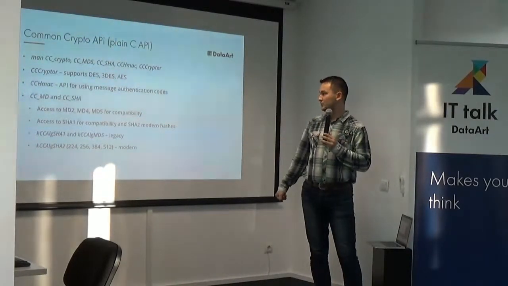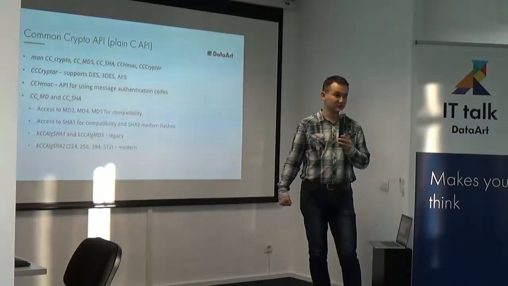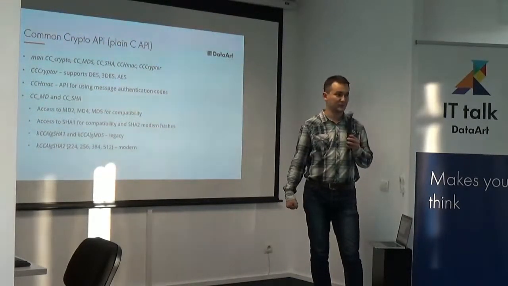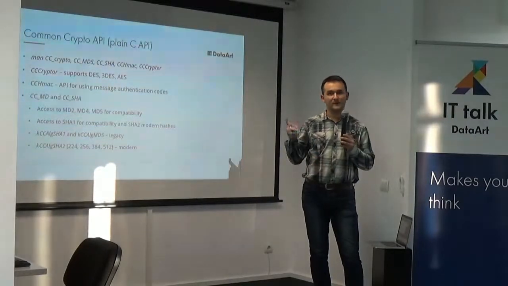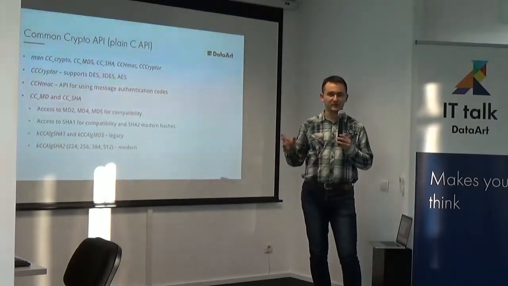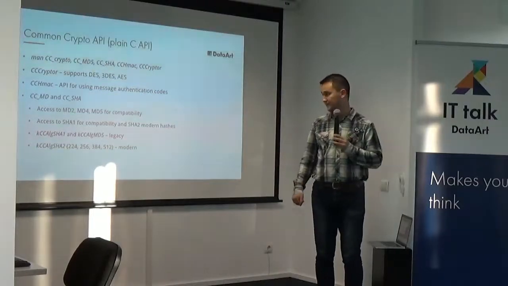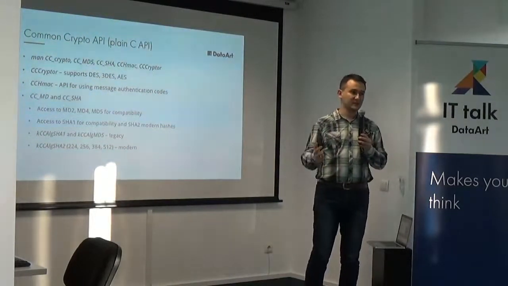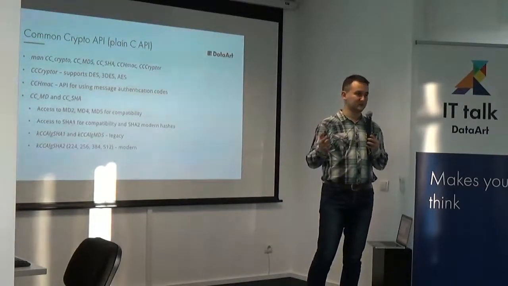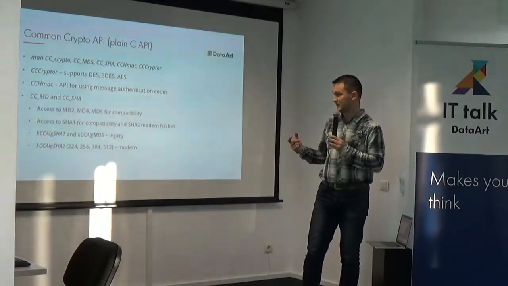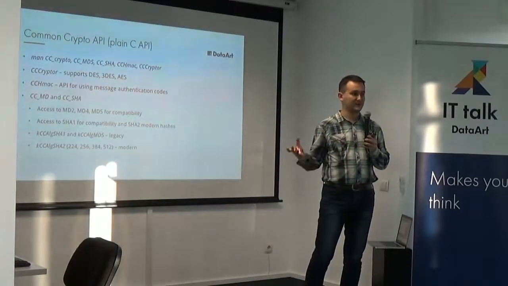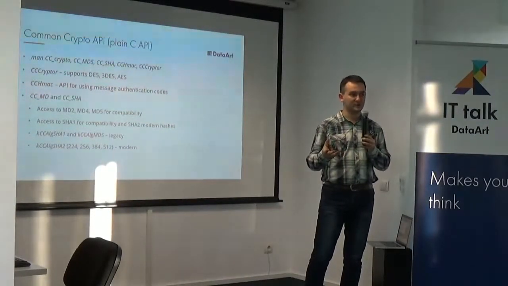The main class here is the cccryptor because it allows you applying bulk ciphers. But if you want to have a one-shot encryption, there is a special function named cccrypt, where you supply an algorithm, the initialization vector, and the number of iterations if possible. So cccryptor supports DES, triple DES, and AES ciphers, but only AES is recommended in modern applications. cc-hmac is used for message authentication codes, so you could apply it to already encrypted data.